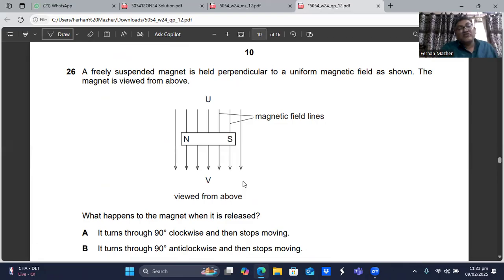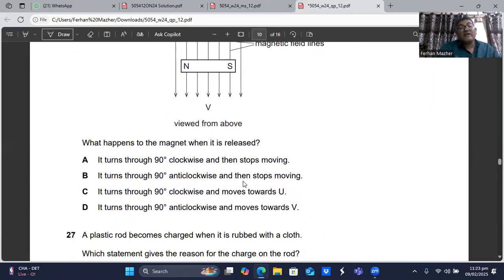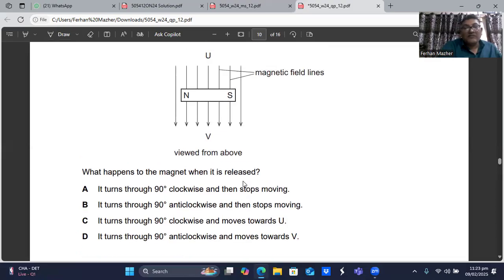So it is supposed to turn 90 degrees anti-clockwise and then stop moving. So the best option is that it will move.